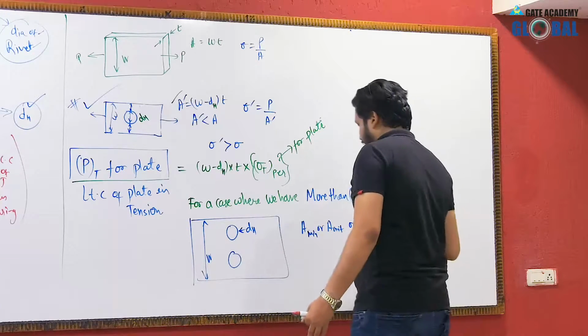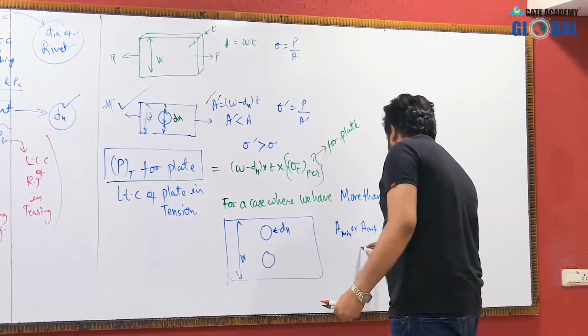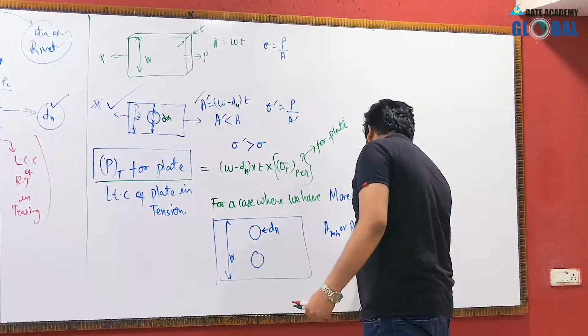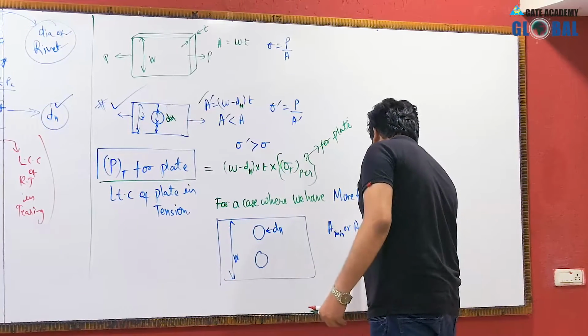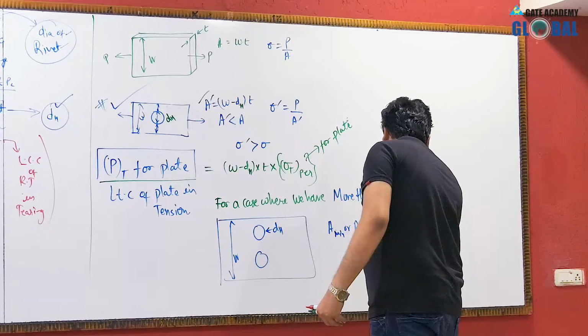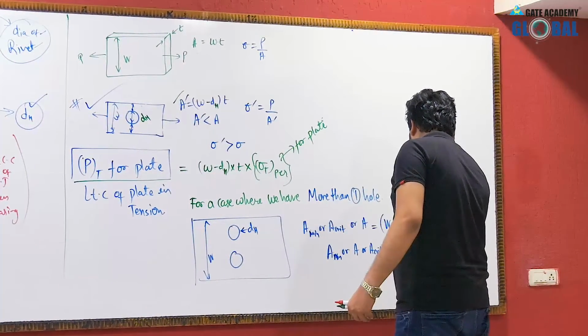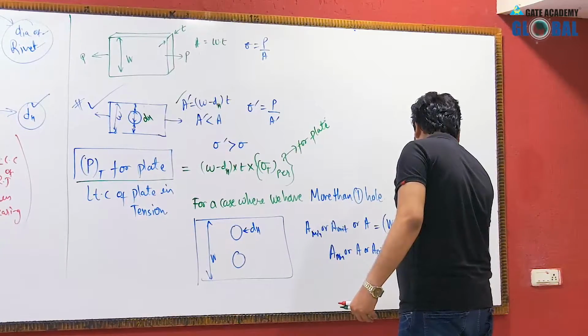So, you can generalize the relationship for the area of cross section as, if N is the number of the rivet hole, then A minimum or A critical can be written as width of the plate minus N times DH.